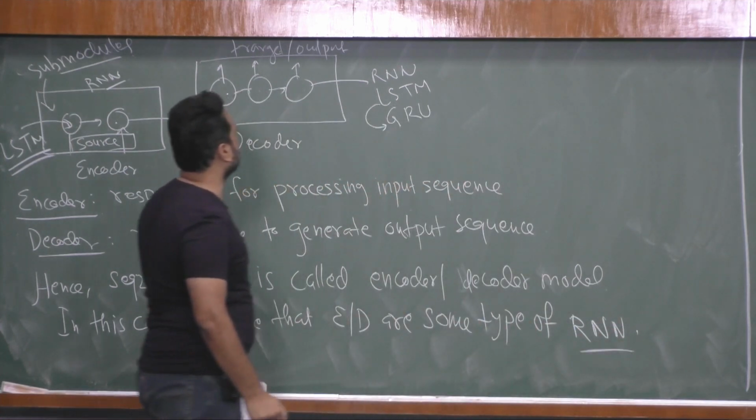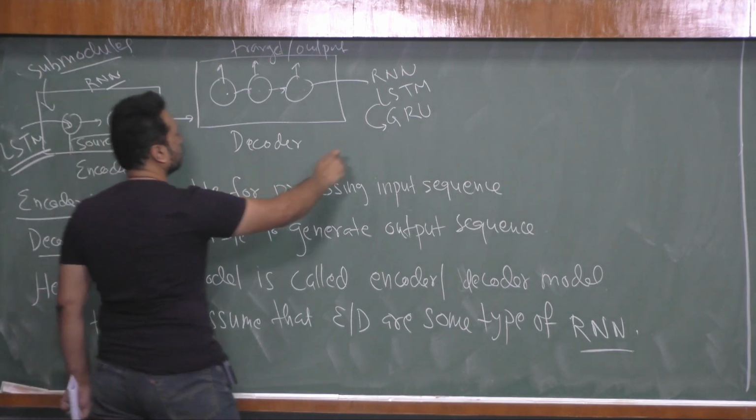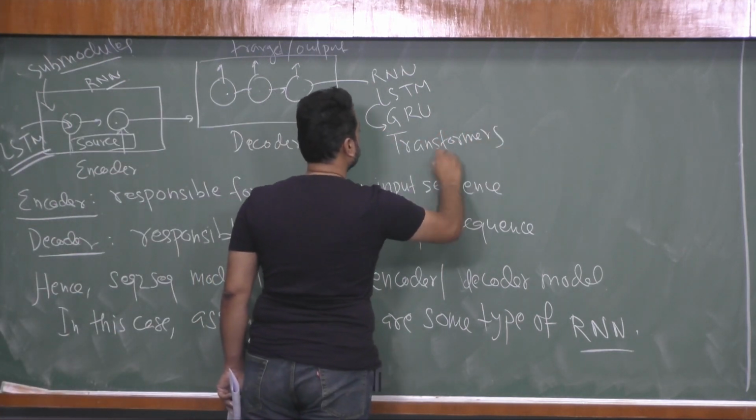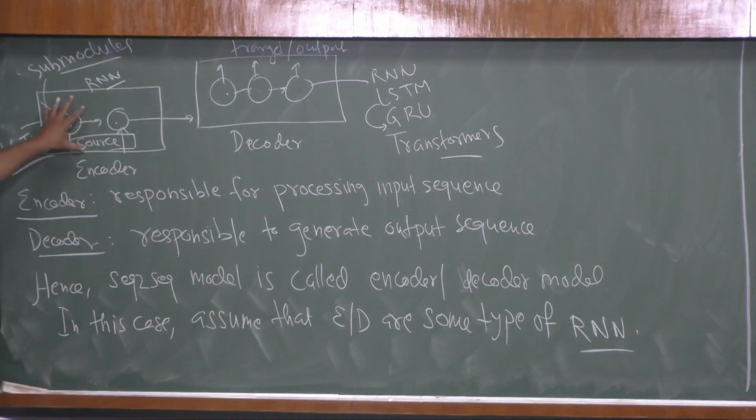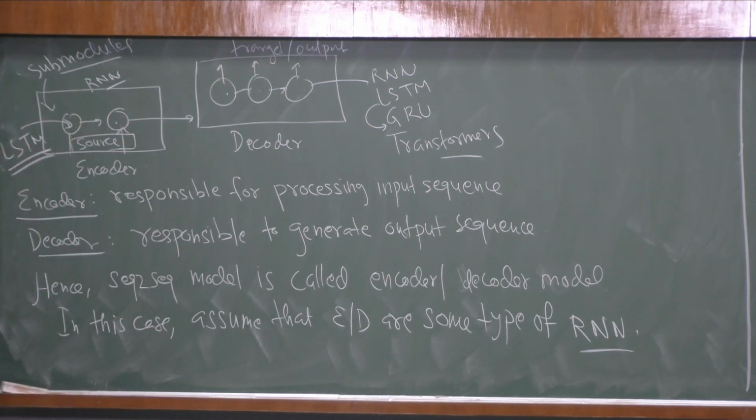By the way, as we will see later in the course, this encoder and decoder model is also used by transformers. The only difference is that the way it encodes looks very interesting, and the decoder is also a very interesting architecture.